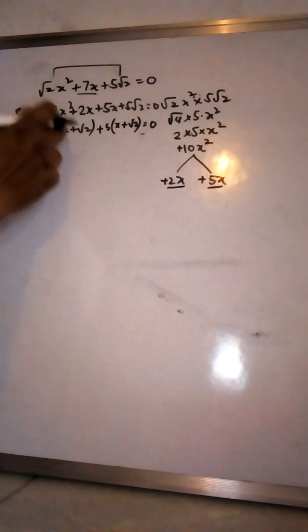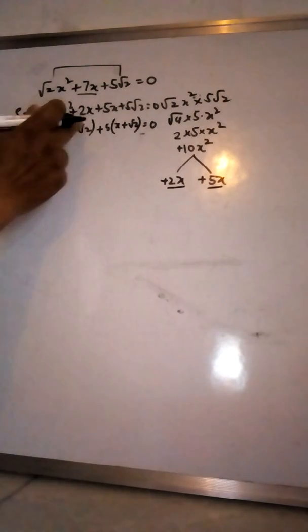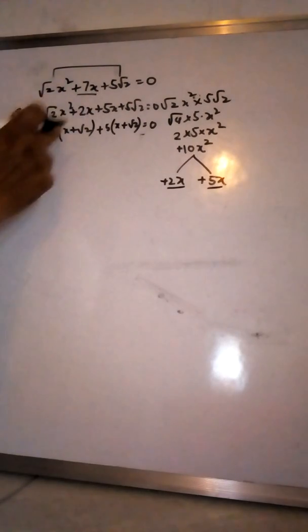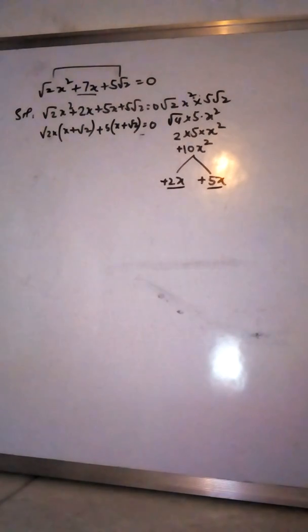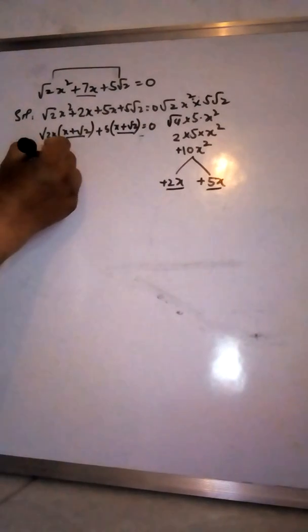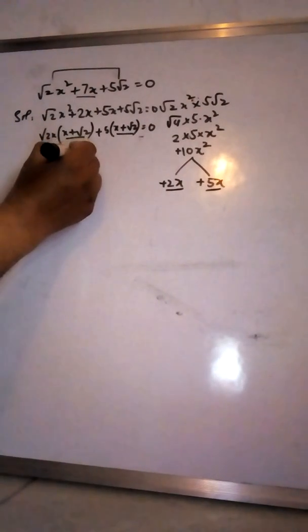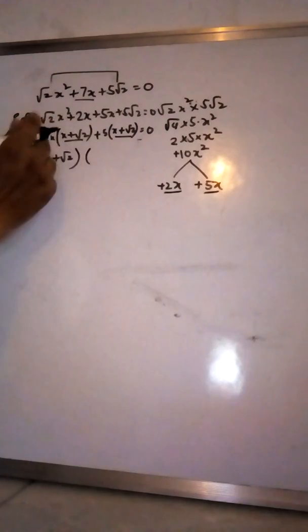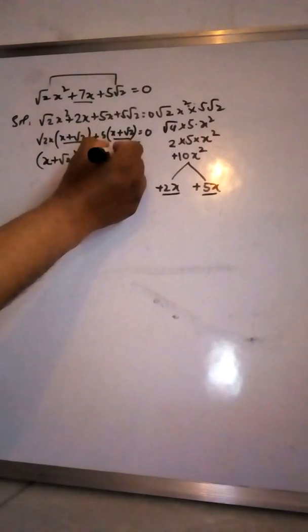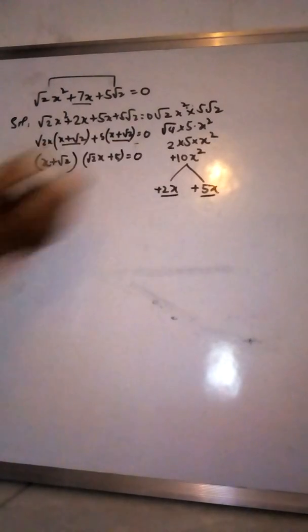Root 2x into x is root 2x square. Root 2 into root 2 will be root 4, and square root of 4 is 2x. So this is how we got it. So now x plus root 2, x plus root 2 again common. So I'll take x plus root 2 common. Then here root 2x will be remaining, and here plus 5 will be remaining, is equal to 0.